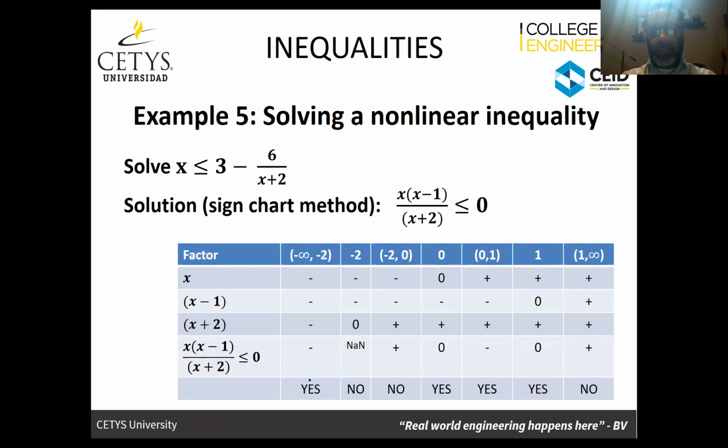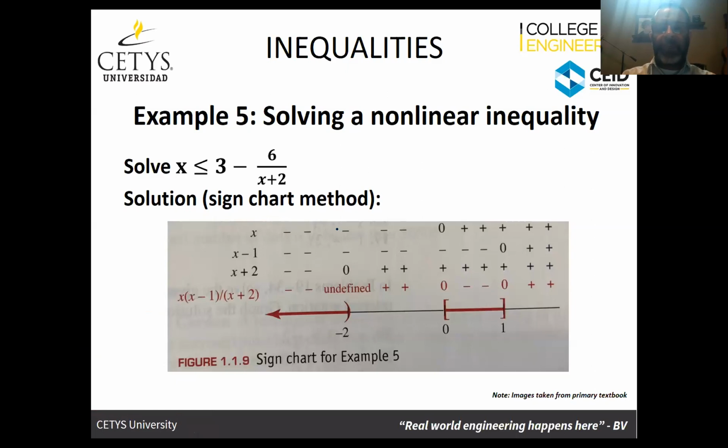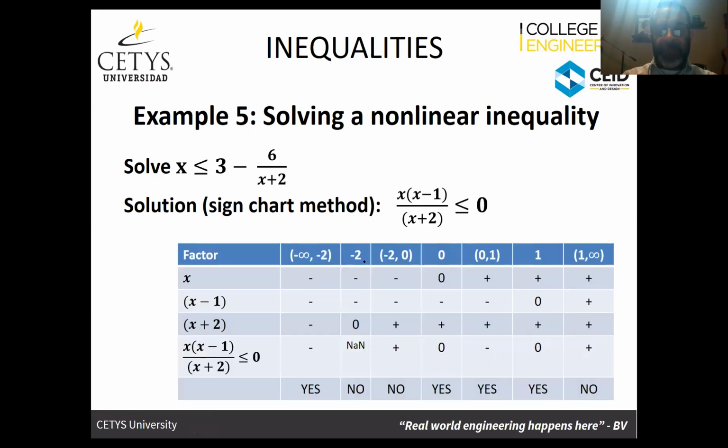The first interval is from -infinite to -2. So the solution is from -infinite to -2. And notice that this is an open interval. Why? Because the -2 is not included.